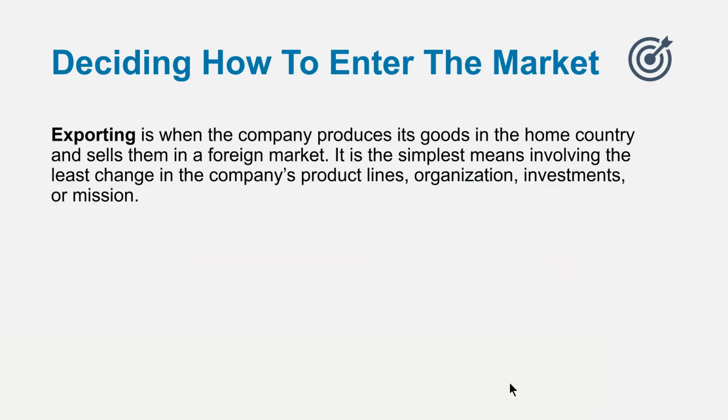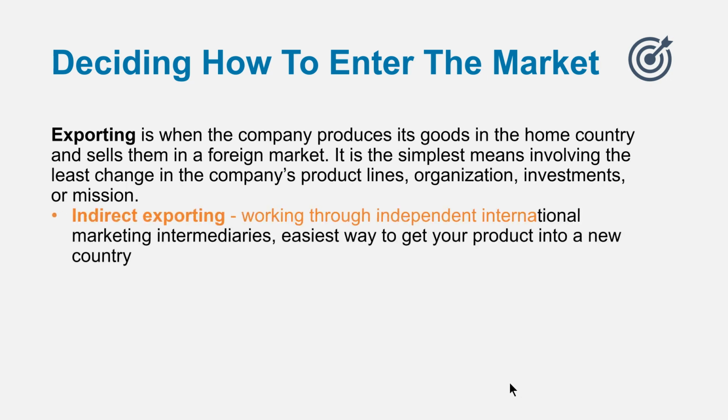Let's take a look at exporting. Exporting is really great, and there's two ways. One is to indirect export, which is taking your products and working through independent marketing intermediaries, and it's getting your product into a new country super easy. So you're going to export it in, and you'll do indirect exporting, which is working through a company that actually knows how to do it already.